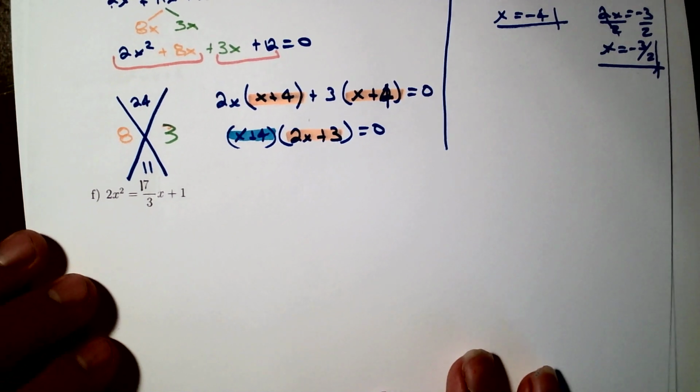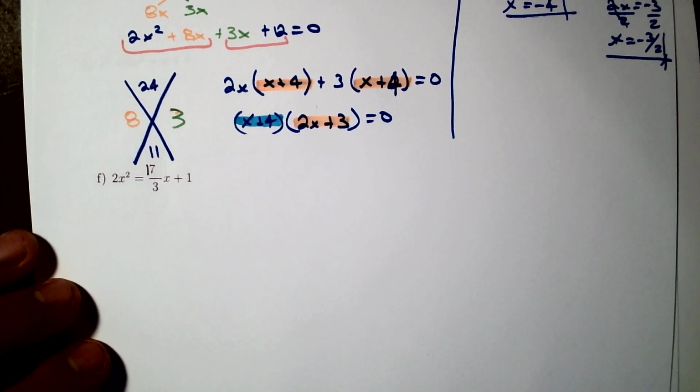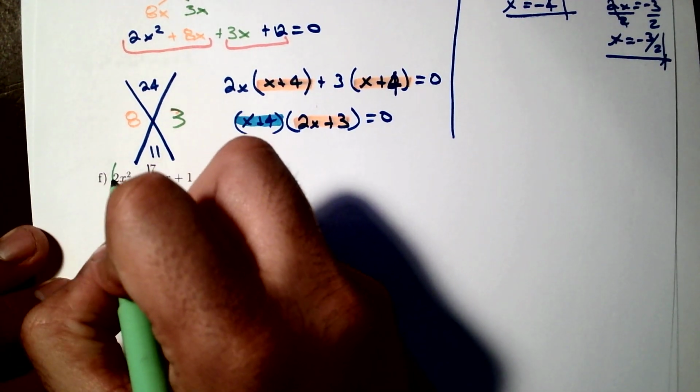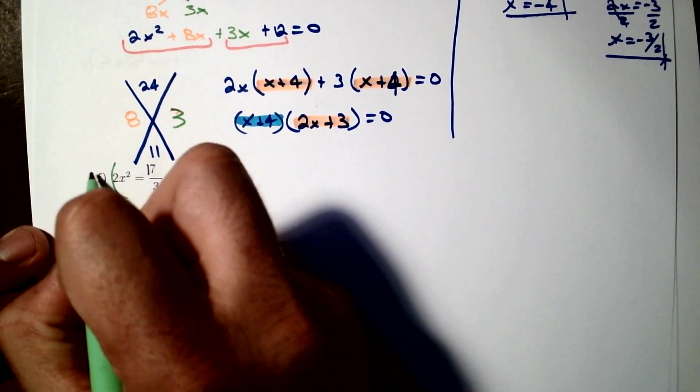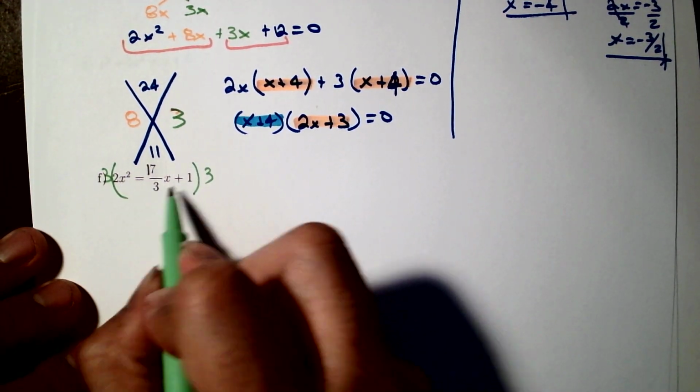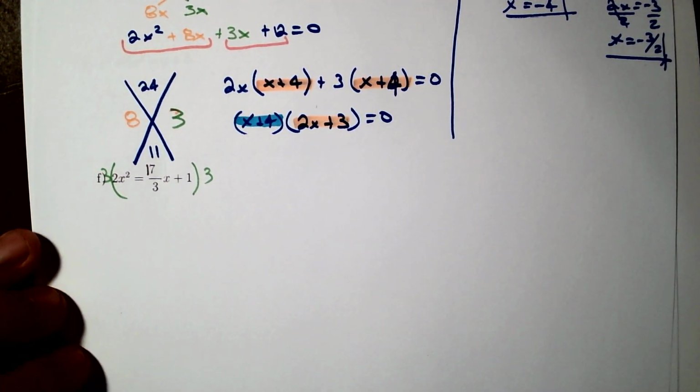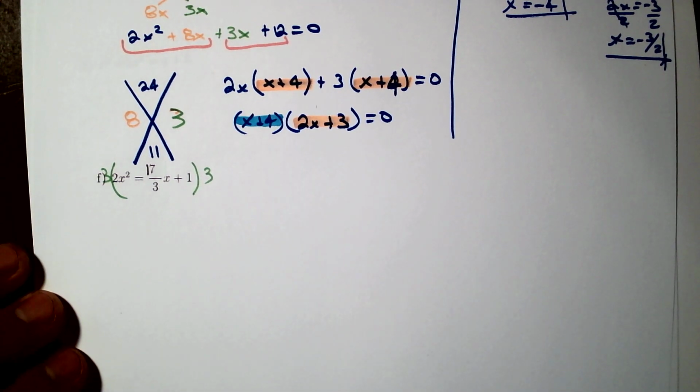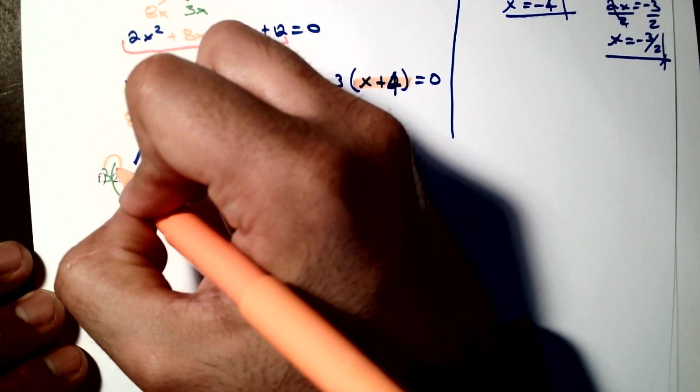So what are we going to do in an example like this? Well, first of all, observe the fraction. What we are going to do here is multiply both sides by the least common denominator, which in this case is 3, to get rid of those fractions. So let's distribute 3 times 2x squared.